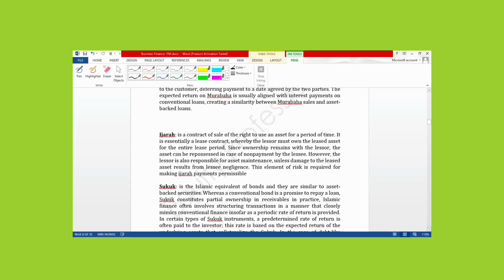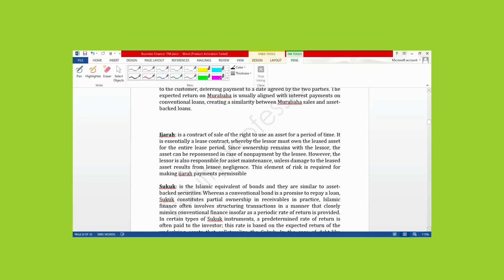When the money is generated and used to construct the hostel, that hostel is the asset now. The investors in that bond become the owners of that hostel. Partial ownership in receivables. That hostel will generate money annually.